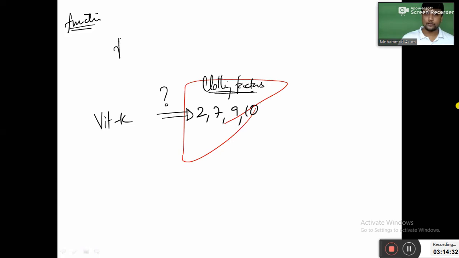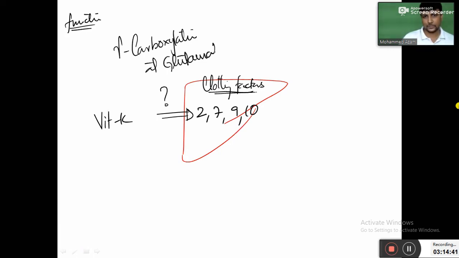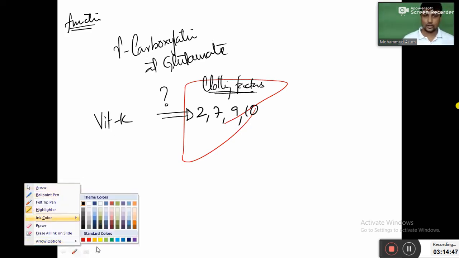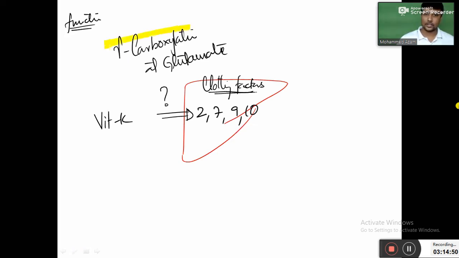Write down those golden words. It is used for gamma carboxylation. At which amino acid? At glutamate. So my dear friends, vitamin K is used for what? It is used for gamma carboxylation, at which amino acid? Glutamate.